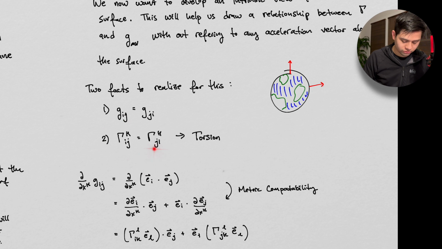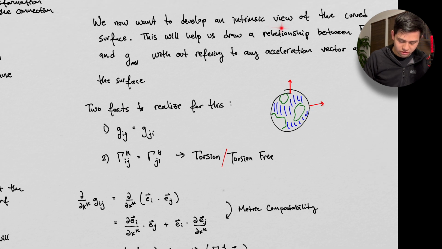This is going to fly out the window. But we do want to realize these two things before we move forward with this idea of developing an intrinsic view of the curved surface.